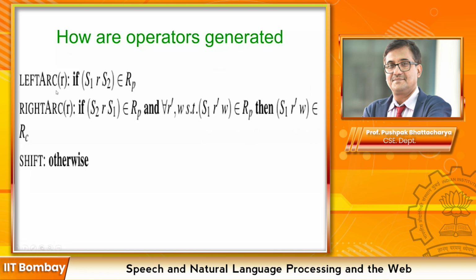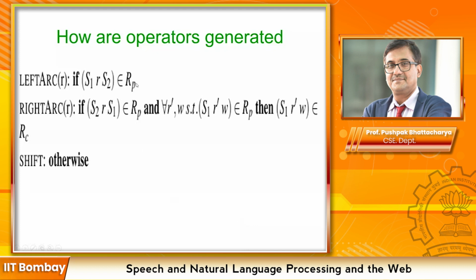You produce a left arc relation if S1 or S2 belongs to RP. There are a few symbols here, RP and RC. RC is the repository of dependency relations, all dependency relations. If it is universal dependency relations, then you have about 20 relations: nsubj, dobj, time, location, and so on.